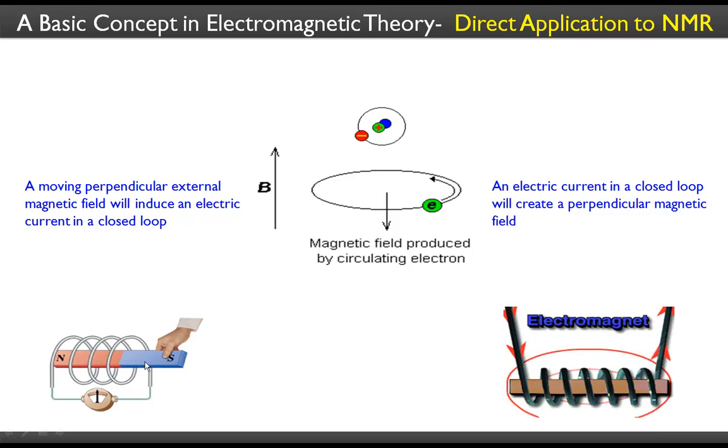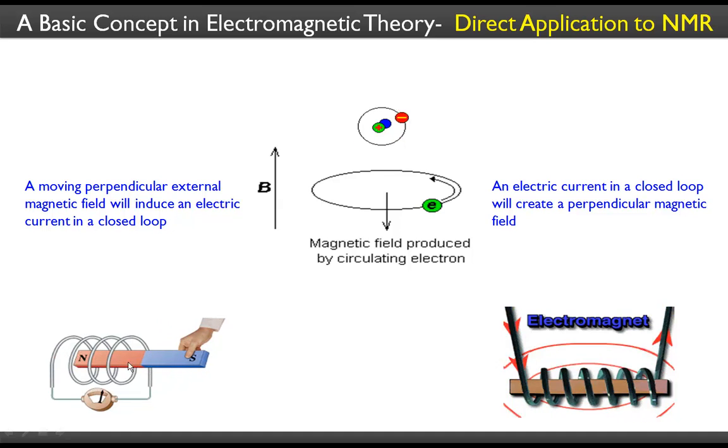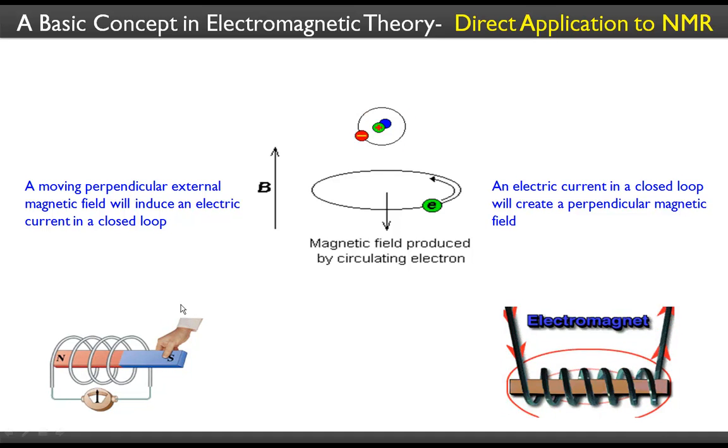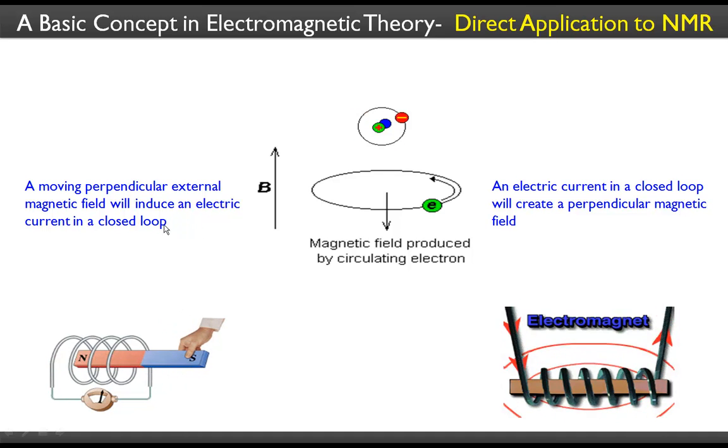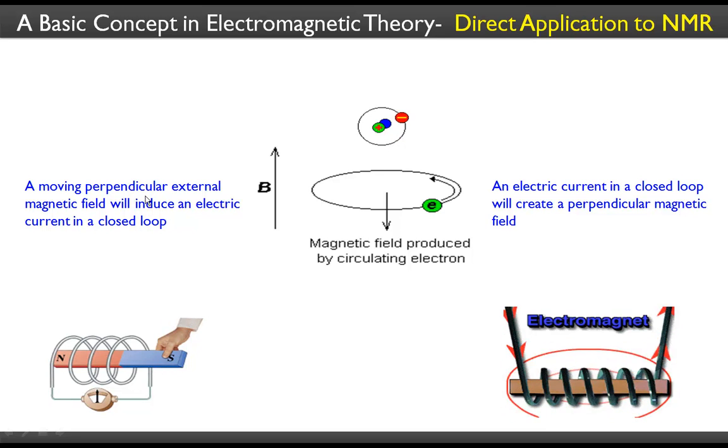Or the other way around, a magnetic field inserted into a coil would also produce an electric field. So vice versa. An electric field can produce a magnetic field, and a magnetic field can produce an electric field, perpendicular to the direction where things are moving here.